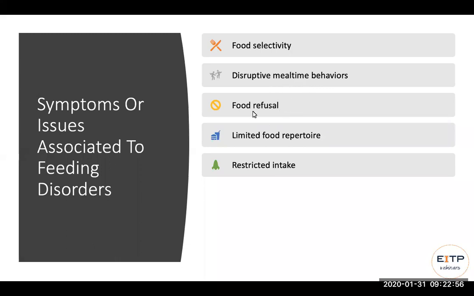I have seen some kids start refusing to eat, which are the more extreme cases, but there are different degrees of food refusal. And many times kids with autism have a limited food repertoire and have a restricted intake.